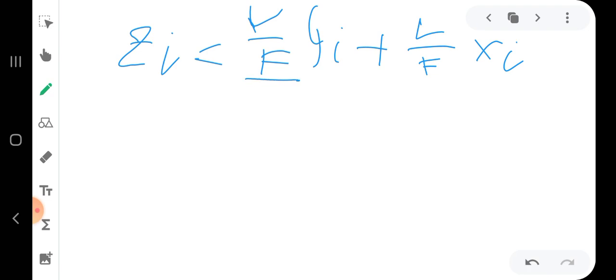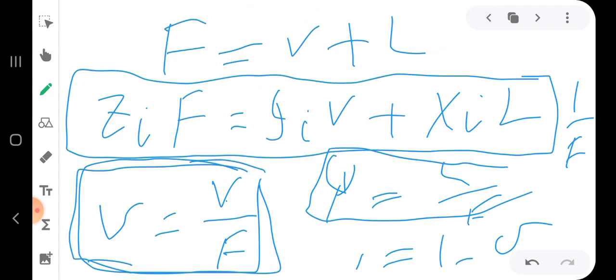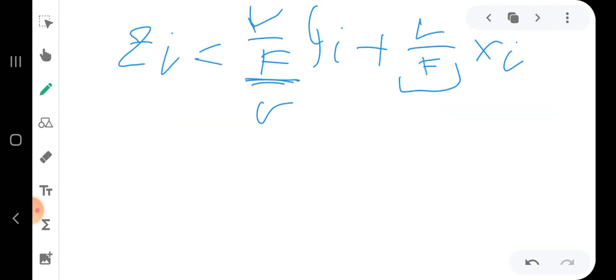This quantity V over F is mu, and this quantity L over F is 1 minus mu.